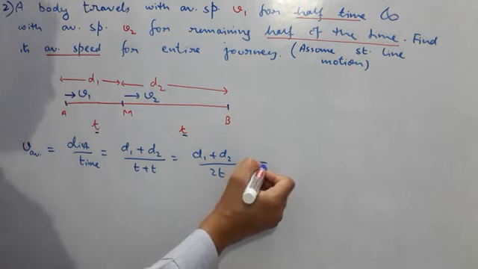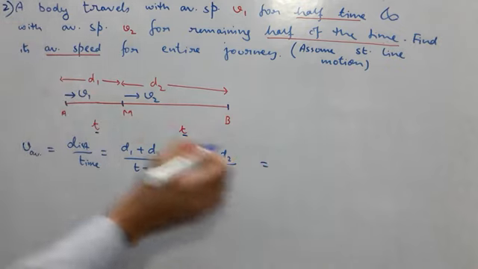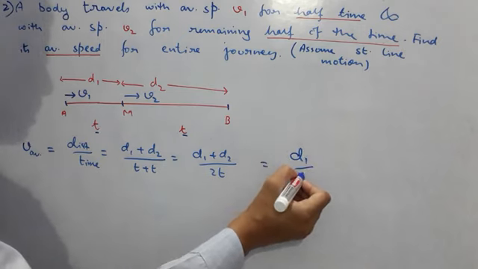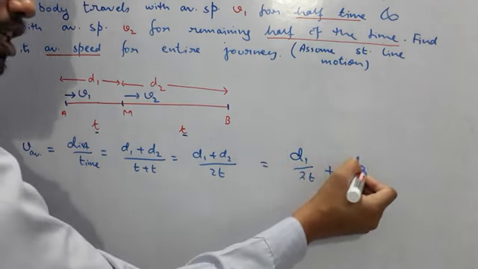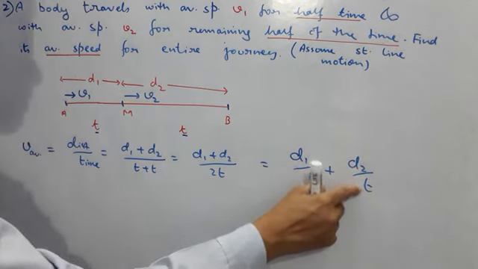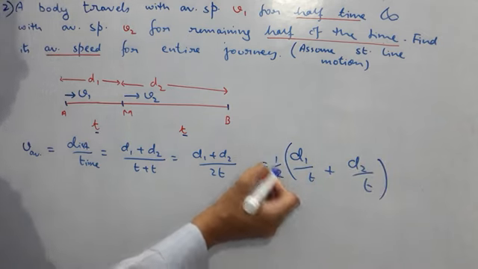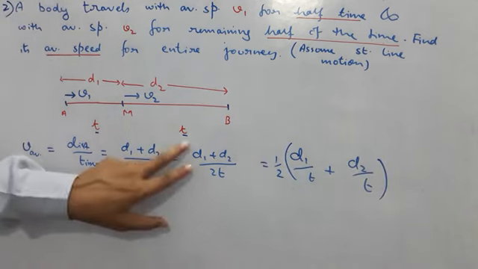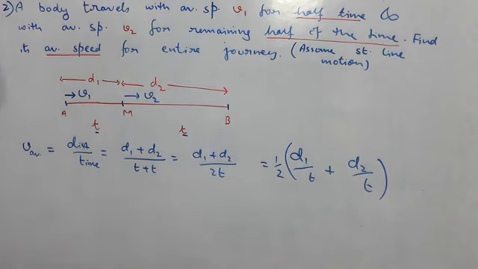Now this, d1 plus d2 by 2t, I can write separately as d1 upon 2t plus d2 upon 2t. 2 I can take in the denominator as common, so this becomes half. Is it clear? Half you separate, then d1 by t, d2 by t. Tell me, students, what is d1 by t?